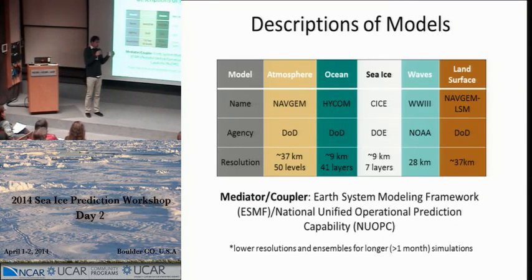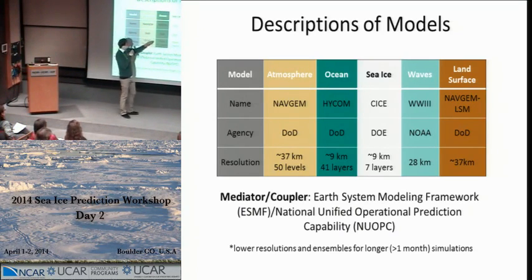So these are the models we are proposing to use for this system, and these are the global models located right here. I need to also mention that we're developing this at a regional scale also, with the same sort of setup with the type of models. Currently, we have atmosphere at 37 kilometers.